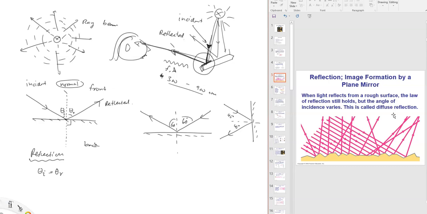Different people standing at different places can see the tree because of diffuse reflection, because it reflects light in every direction. If it only reflected very smoothly, the light that comes in would go in only one direction, so you would have to be at that spot to see it. Surfaces around us, like the walls, the ceiling, wall hangings, everything has diffuse reflection.